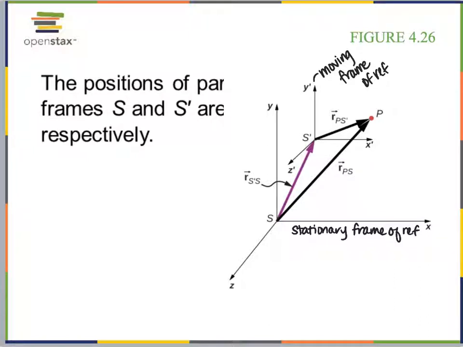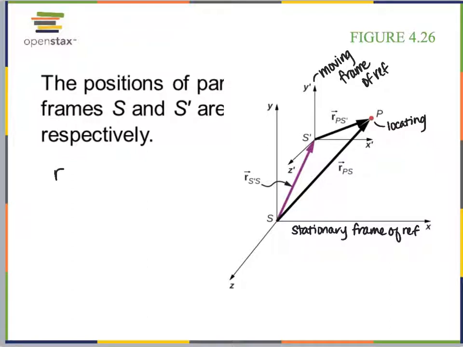The axes that have primes on them are moving, and the ones that don't have primes are stationary. Now we start off, first of all, just locating a point, and we have two sets of coordinate axes, the unprimed, the stationary ones, and the primed.